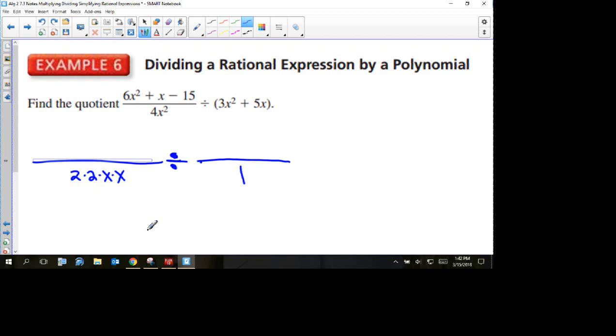X times x. So that gives you 6x squared. We need some numbers in there as well. So we are factoring by guess and check.